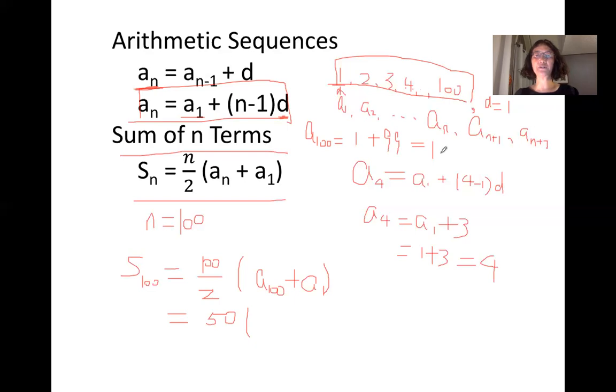So A100 equals 100. So 100 plus A1, A1 is 1.